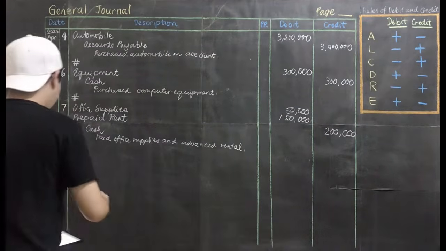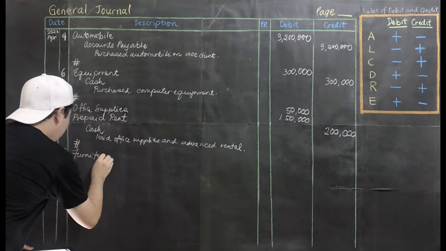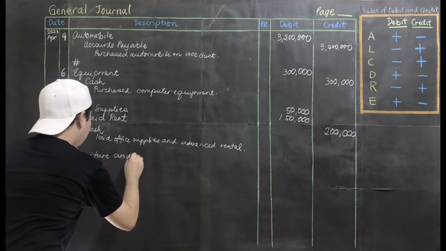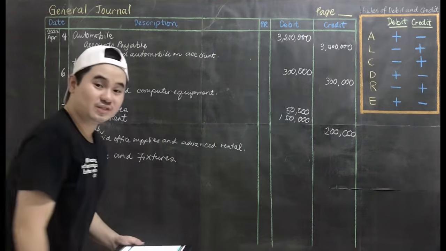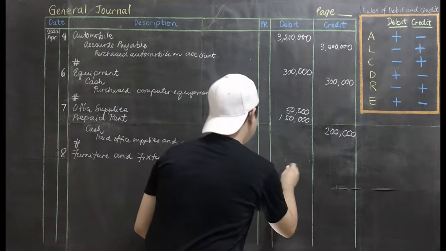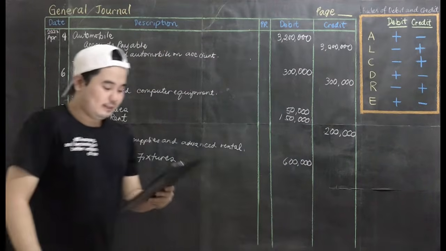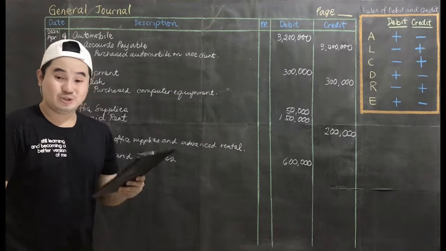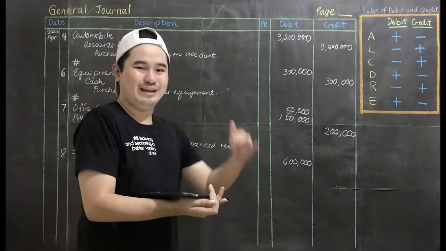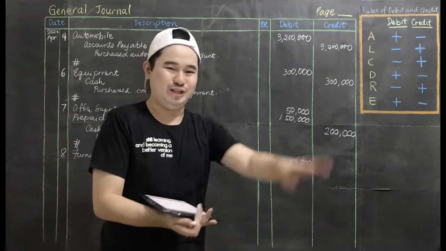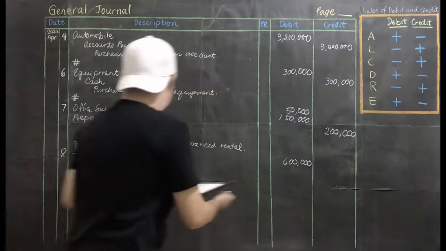Furniture and fixtures, for the total amount of 600,000. And then, ang binayaran kasi natin ng cash ay 200,000 lang. Sa cash, masasanay kayo na laging ganun. Debit pag nagkakaroon ng cash, credit pag pinababayad. Nagbayad ka ng cash, dito lang yun.